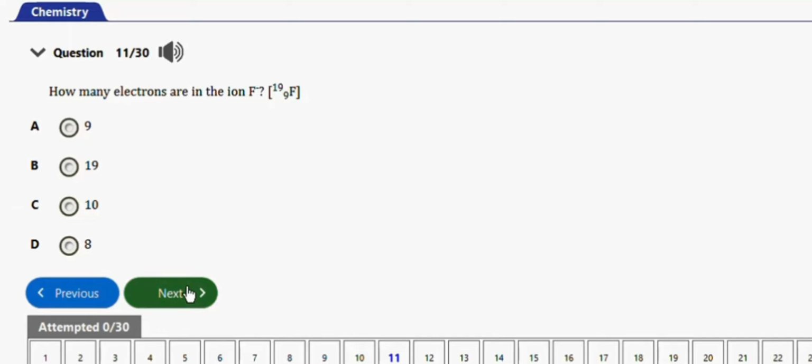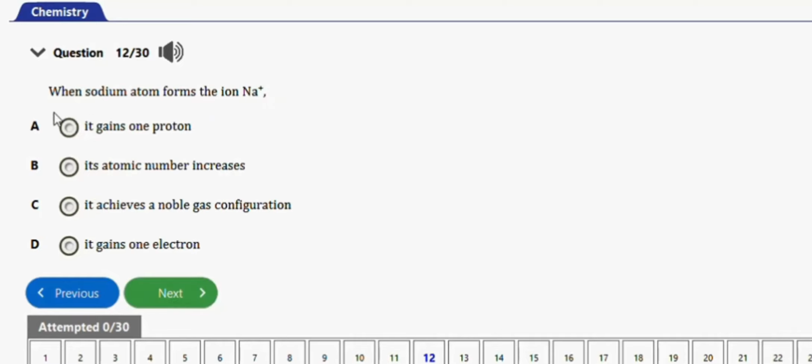Next question will be this one. So when a sodium atom forms the sodium ion, it loses 1 electron. The options are: it gains 1 electron, it gains 1 proton, its atomic number increases, or it achieves noble gas configuration. The right option will be option C. It achieves a noble gas configuration because it's a charged atom, right?